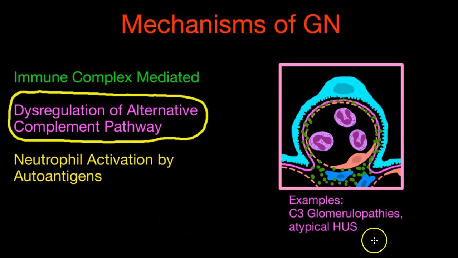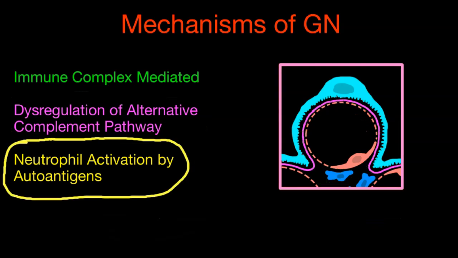And then there's also a group of diseases called atypical hemolytic uremic syndrome, which are mediated by abnormal complement deposition from the alternative complement pathway, but you also see a thrombotic microangiopathy, which leads to microthrombi forming in the glomerulus and the capillaries, and this also results in kidney failure, but you also have evidence of a microangiopathic hemolytic anemia.